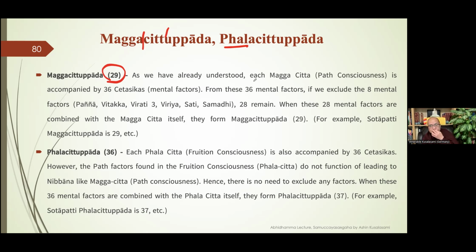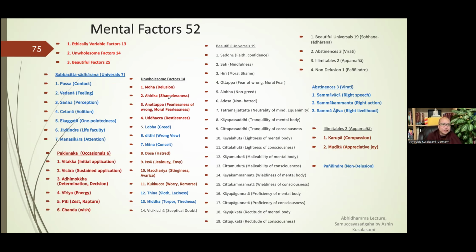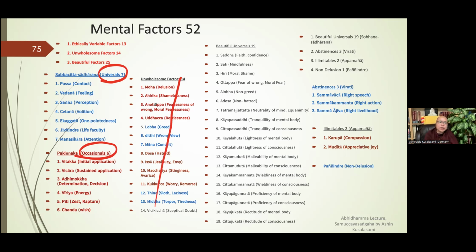As we have already understood, each Magga Chitta, path consciousness, is accompanied by 36 Cetasika, mental factors. Remember that? If you remember that, that is very nice. So what are the 36? Seven universal, of course, and six occasional, and 14 akusala and wholesome, this 19, and three kinds of abstinence, virati.